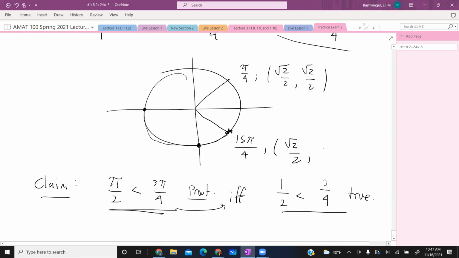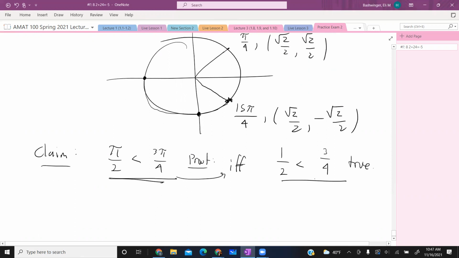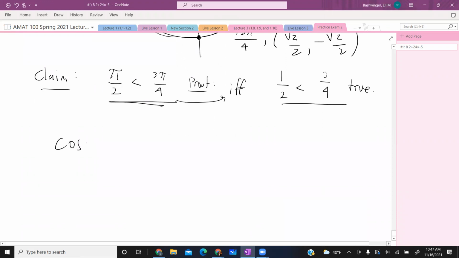So we get √2 over 2, negative √2 over 2. And so cosine by definition is the x coordinate, and the x coordinate is this, √2 over 2. So that's the answer.